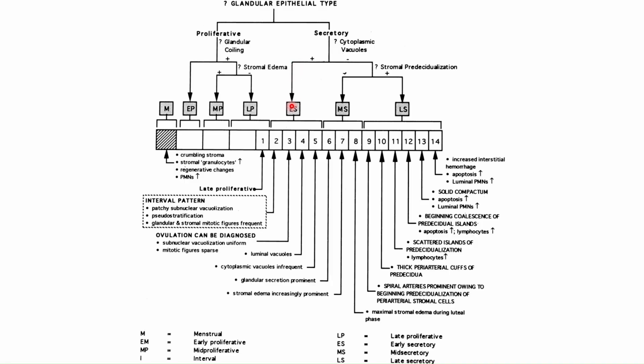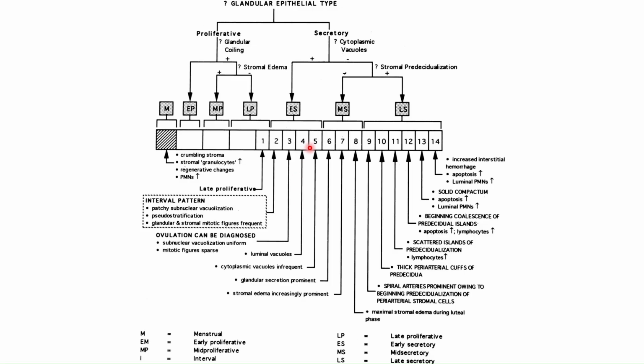So if vacuoles are present, then it is early secretory phase. Absent, then you see stromal pre-decidualization. Now if it is absent, then it is mid-secretory phase. If it is present, late secretory phase. And in mid-secretory phase, you will see luminal vacuoles.